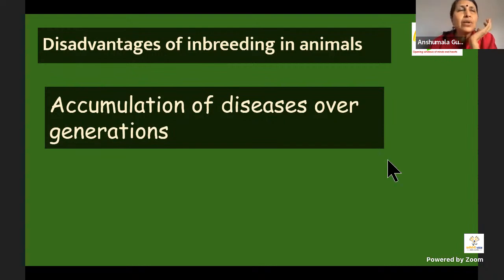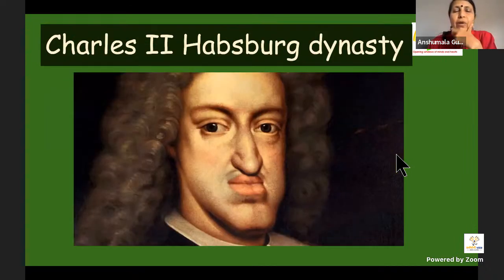Not even so much in the South Indian community. Actually, royalty, historically, have been people who refused to mingle with ordinary people, and they married within themselves. That was true even of the pharaohs of Egypt. And here's an example from the Habsburg dynasty in Spain.